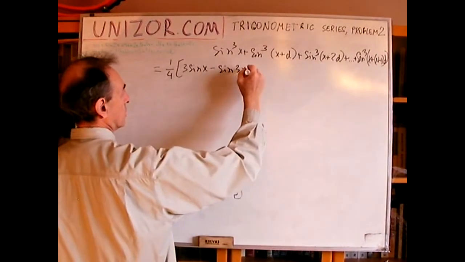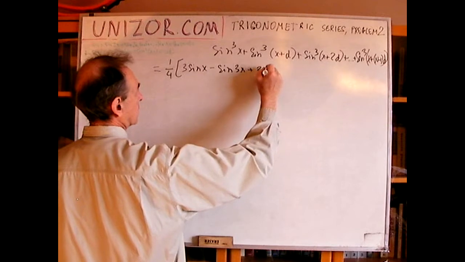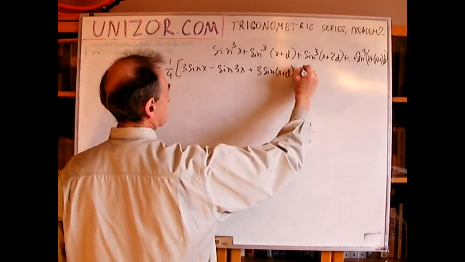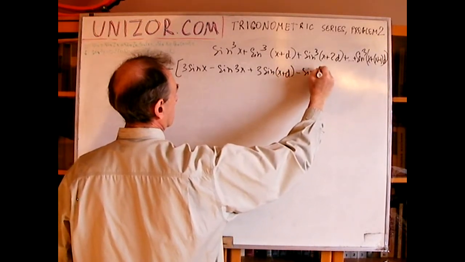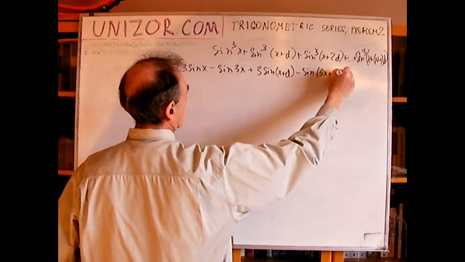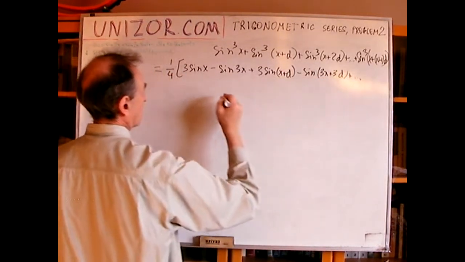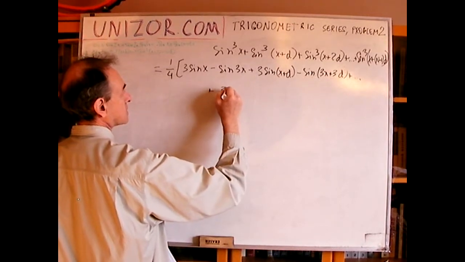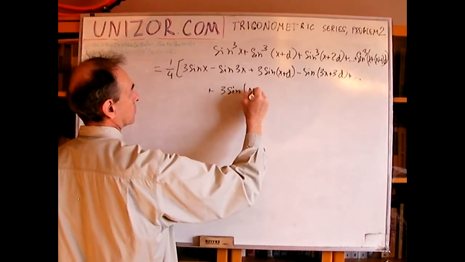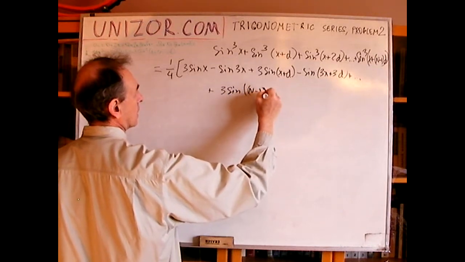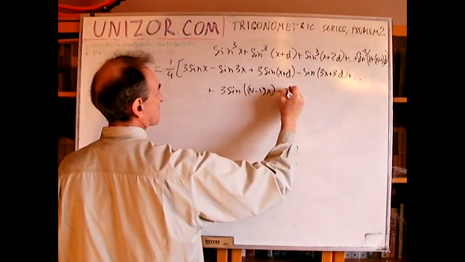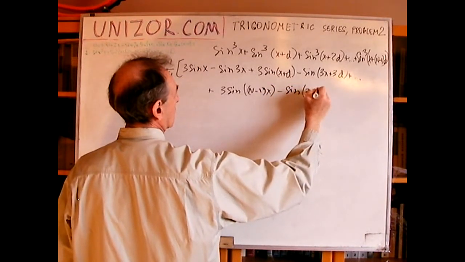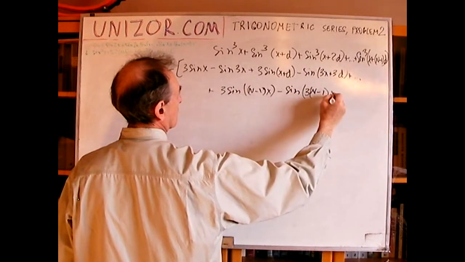Let's just continue. Plus 3 sine of x plus d minus sine of 3x plus 3d, etc. And the last one would be 3 sine of x plus n minus 1 d minus sine of 3 times x plus n minus 1 d.